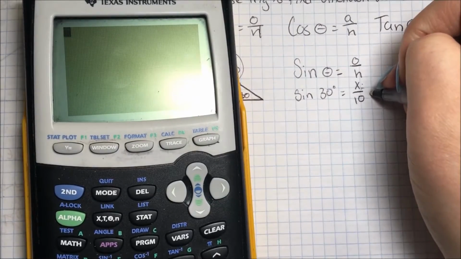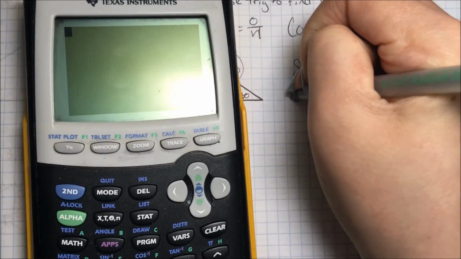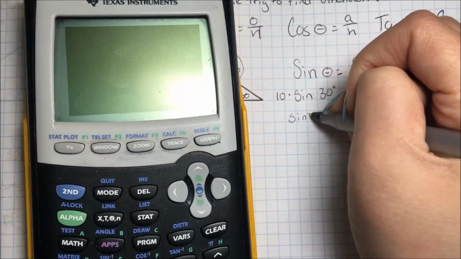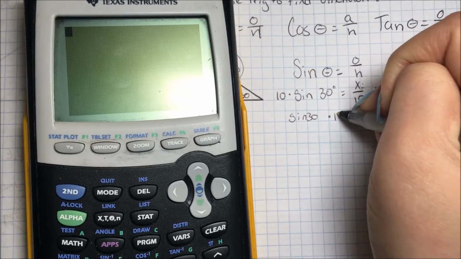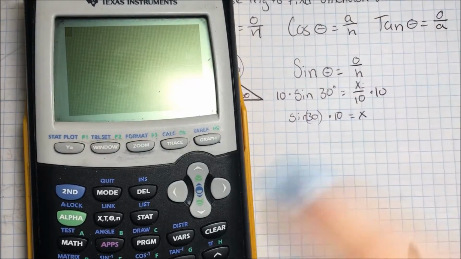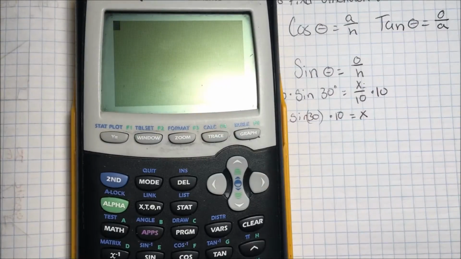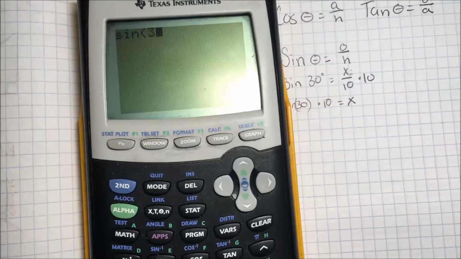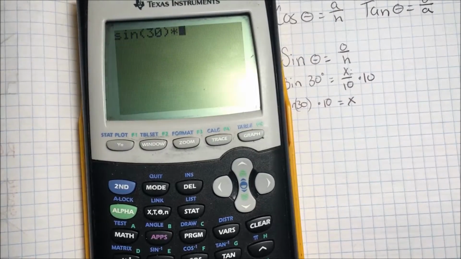To get x by itself, I'm going to need to multiply both sides by 10. So this would be the sine of 30 times 10, and I want to make sure 30 stays with that sine. So on my calculator, I'm already in degrees, I'm going to press sine of 30, close my parentheses, times 10.